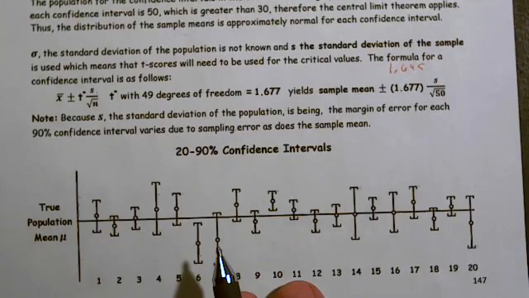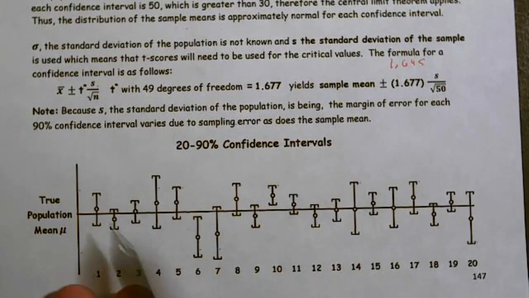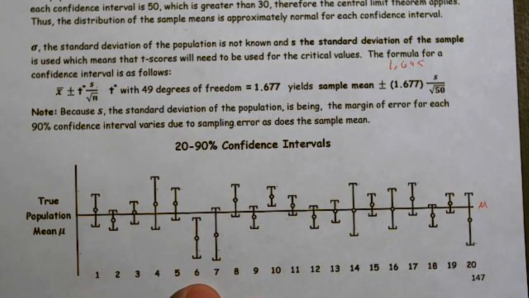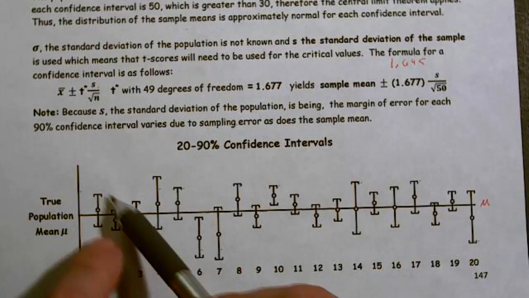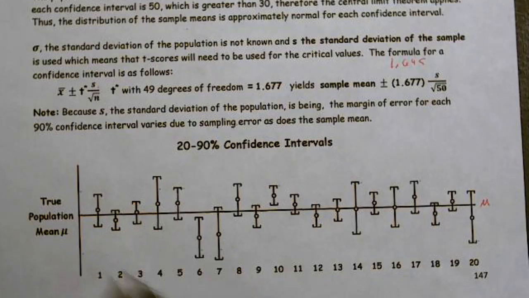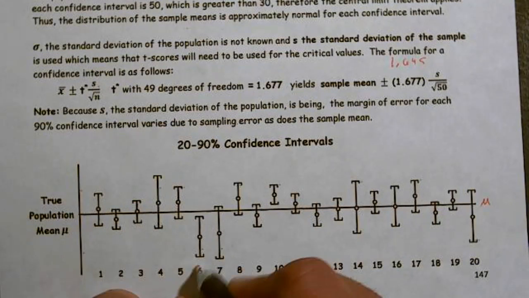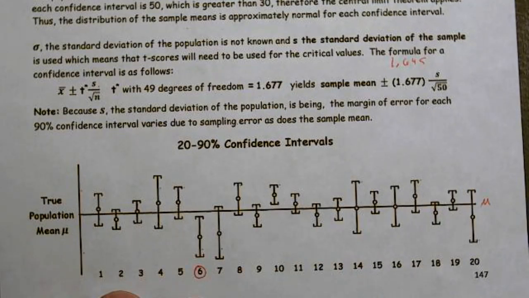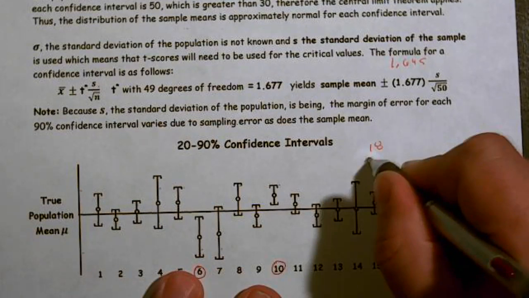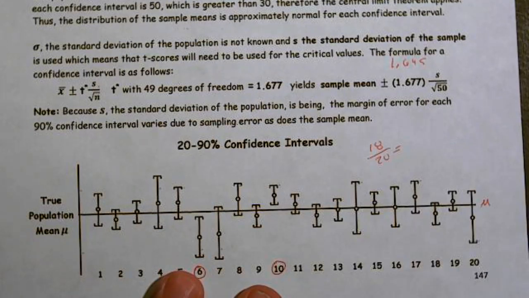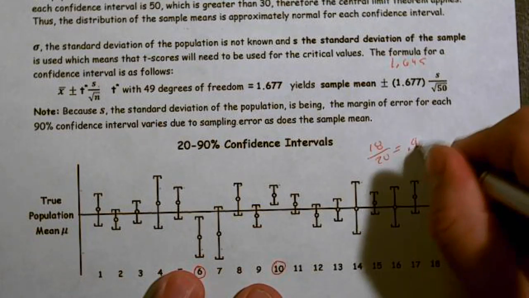So when I look at this, again, this line represents the true population mean, and I expect my confidence interval to capture it 90% of the time. This one is a little bit wider, that one narrower, but so far we're capturing it. Then we have this one here, number 6, that does not capture it. We have number 10 that doesn't capture it, but still 18 out of 20 times we capture the true population mean, and that's about 90% of the time.